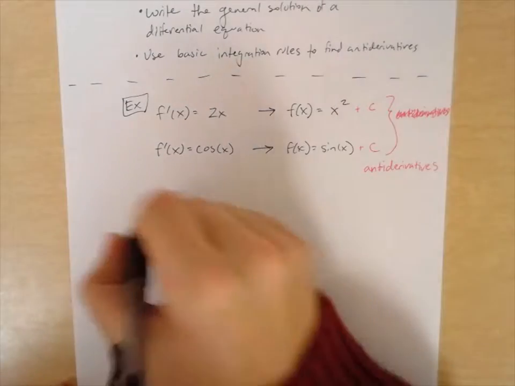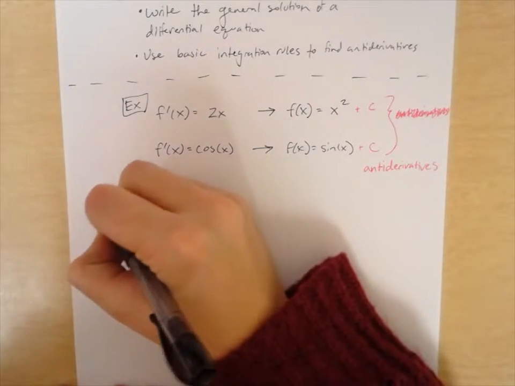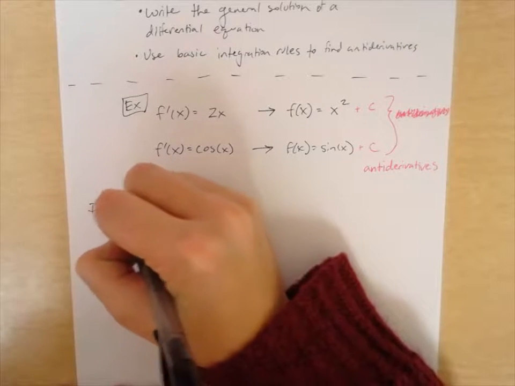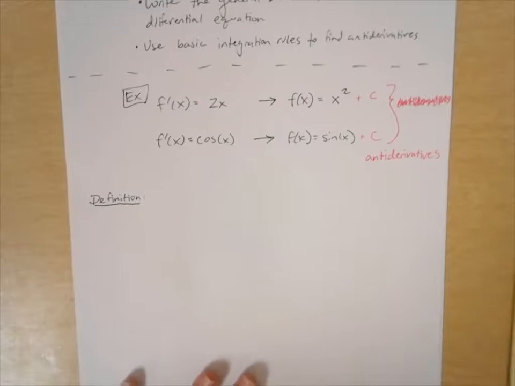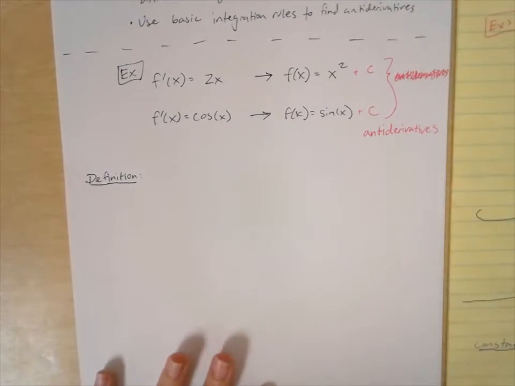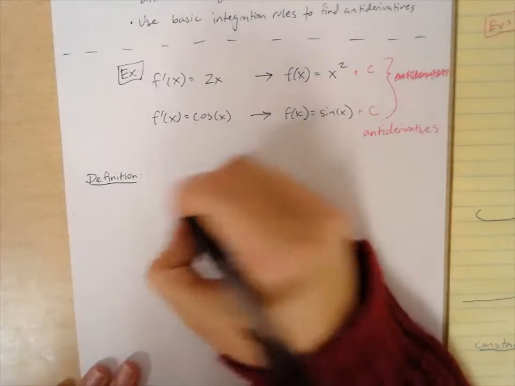What I'd like to do is get a formal definition in here. I mean, what would calculus be without some formal definitions that we don't really understand at first, but we do later? Okay, so, formal definition: antiderivative.